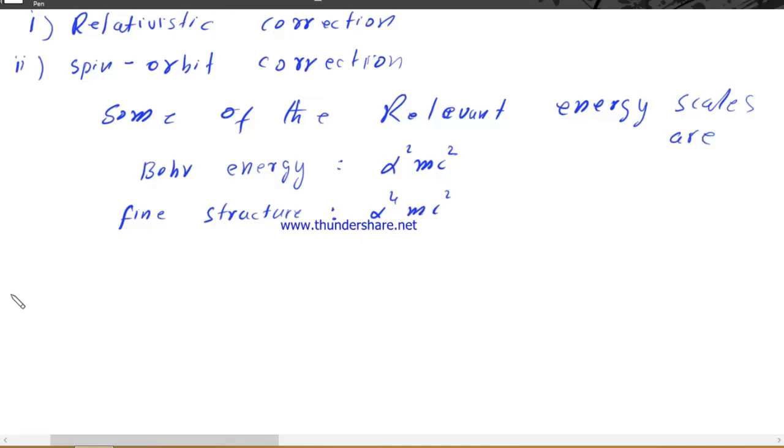The third one is the Lamb shift, which is of the order of alpha 5 mc square, and is associated with the quantization of the electric field. This is smaller than the fine structure and the Bohr energy.